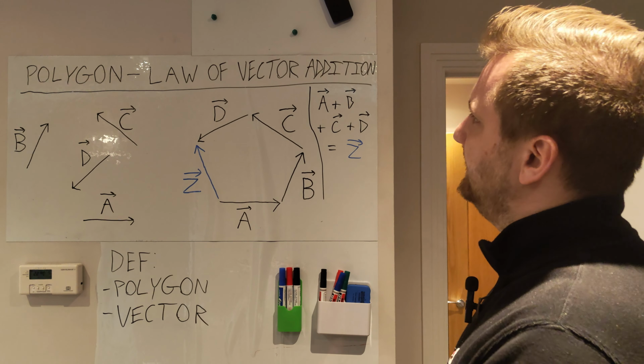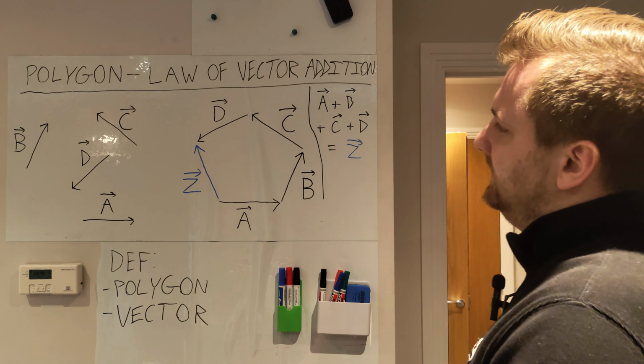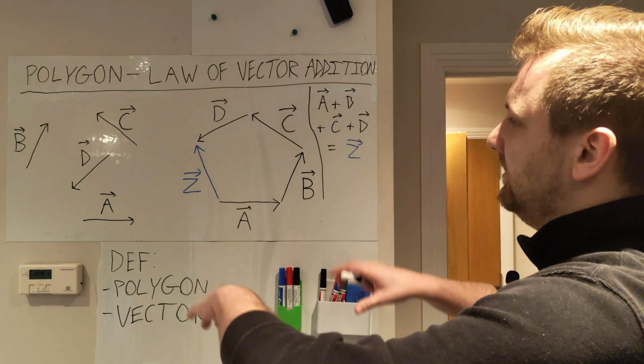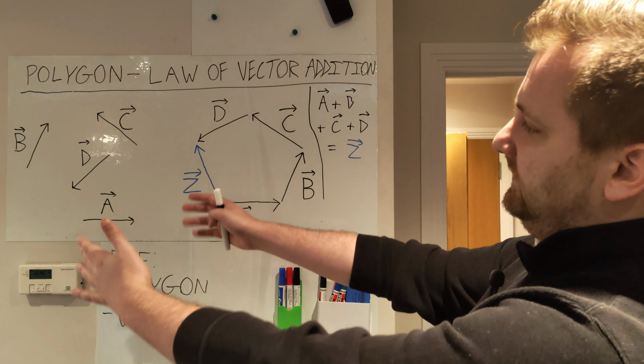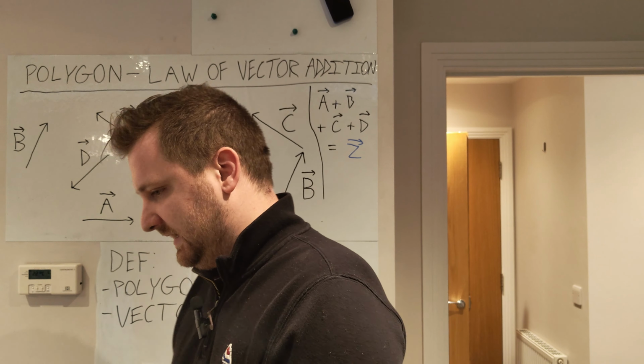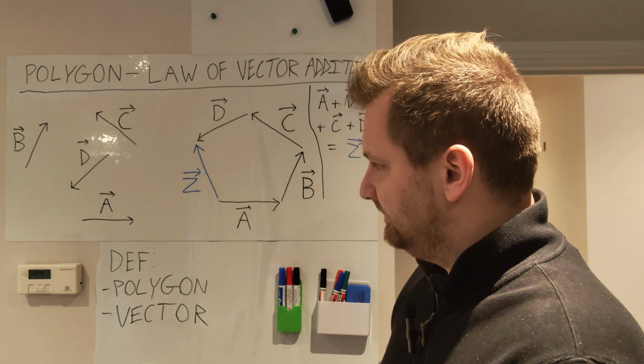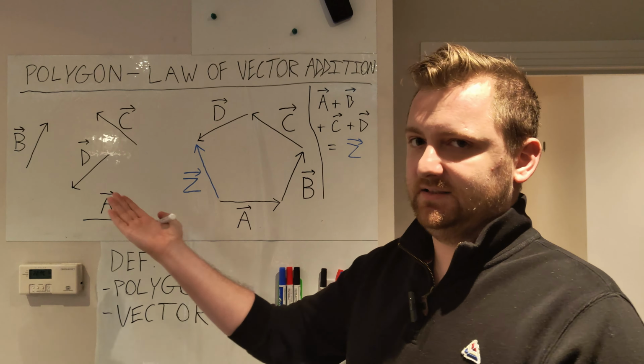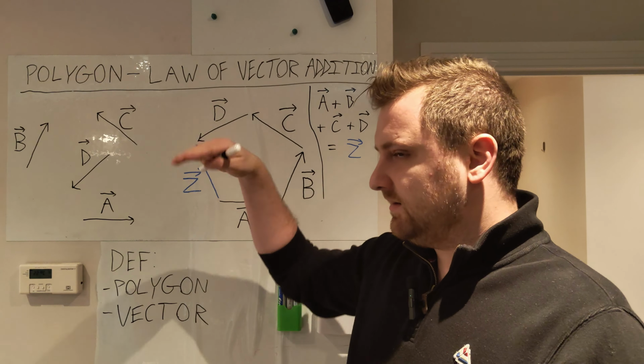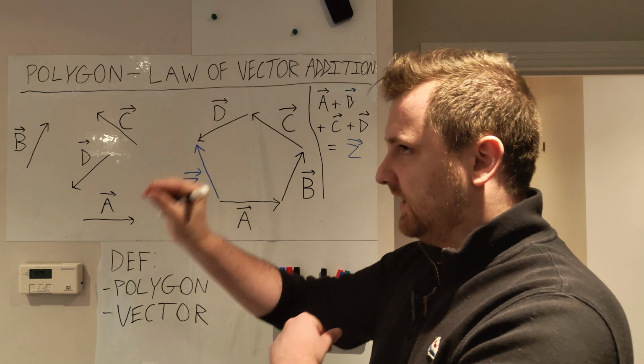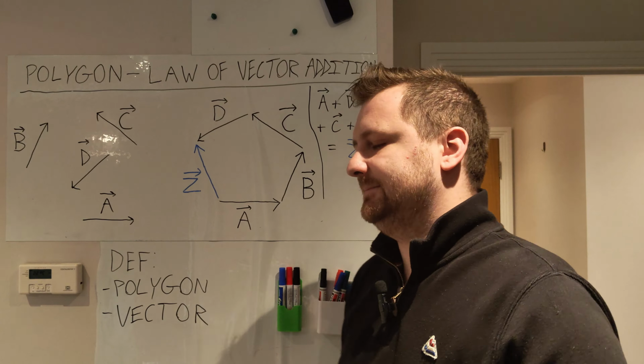Right, so now we've got the definition set. Appreciate there's a bit of writing here. So let's start with this on the left. We have been given a bunch of vectors. You can't change the direction or length, but you can move them around.